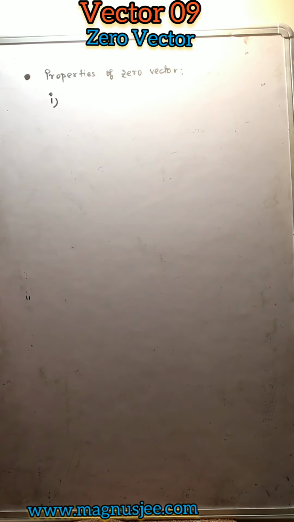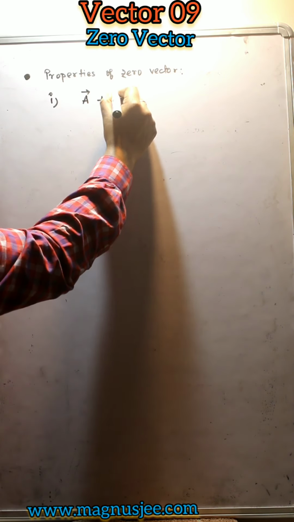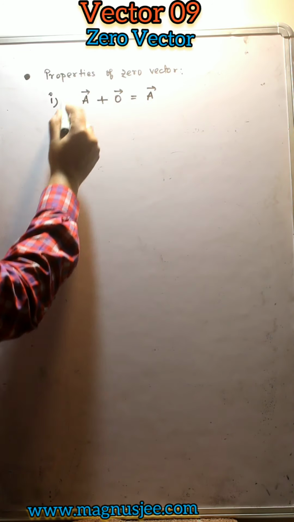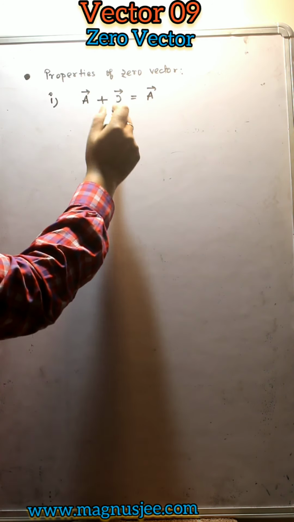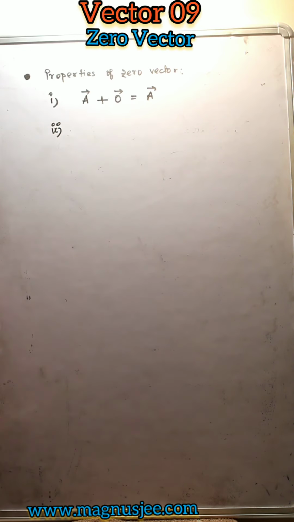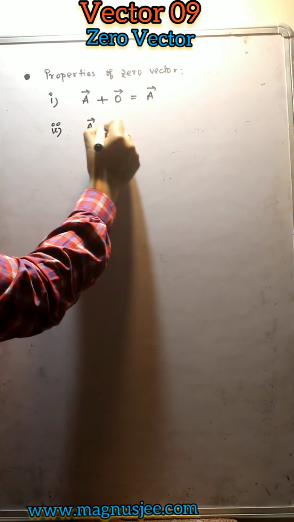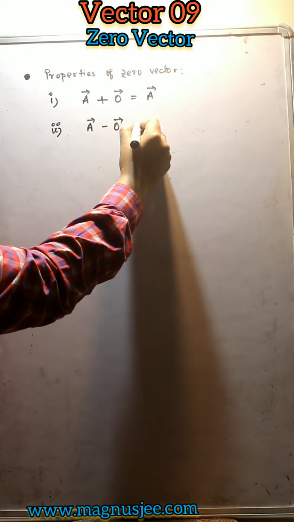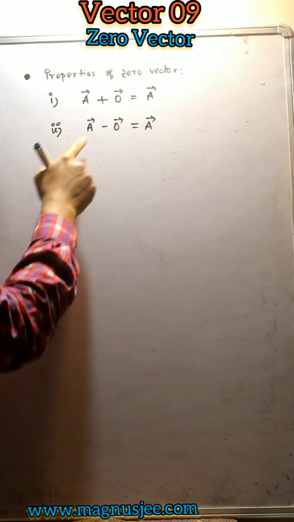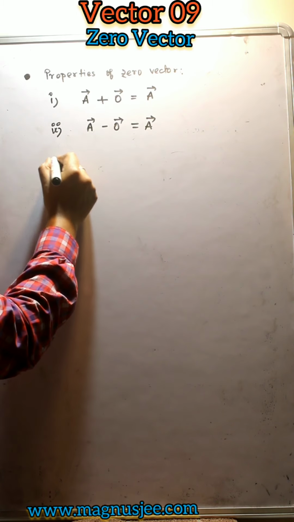Number one, if zero vector is added with vector A, then we get the same vector, vector A. Then vector A minus zero vector will be vector A. That means if zero vector is subtracted from vector A, then we get the same vector.